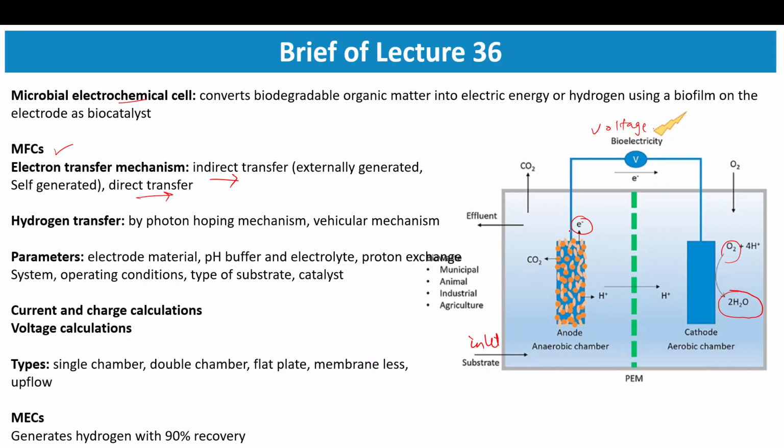In the indirect method, some external agent is required which will be able to convey the electrons, while in direct transfer, the microbes are able to directly transfer the electrons from the solution. You need some way so that it is passed to the anode, and later it will form a circuit.